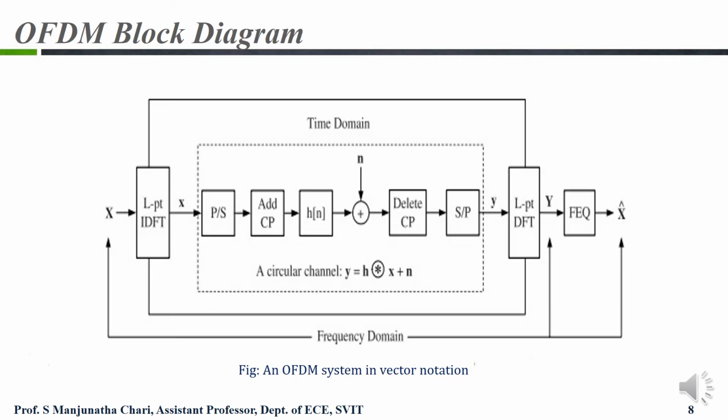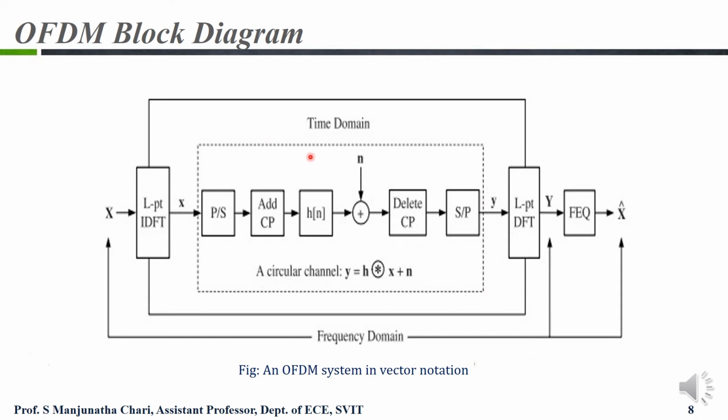Yes, the next topic is the OFDM block diagram. You can observe over here, as we discussed in earlier slides, we are going to send L data lines. Before going to that, you can observe that from this point to this point, it will be in the frequency domain, whereas these dotted lines indicate the time domain.